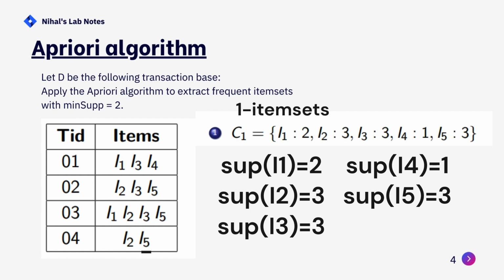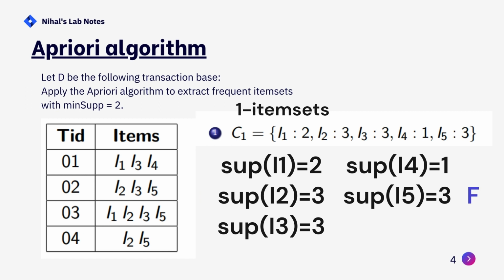Now let's check if the support of each of them is greater than or equal to the minimum support. The support of I1 is equal to 2, which is equal to the minimum support, so I1 is frequent. I2 has a support equal to 3, which is greater than 2, so I2 is frequent. I3 also, and I5 also.